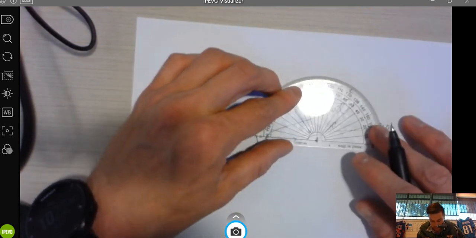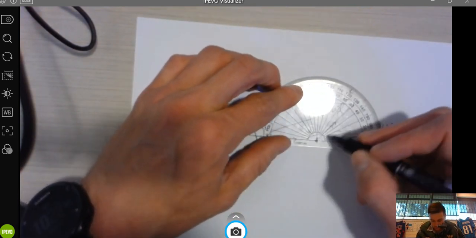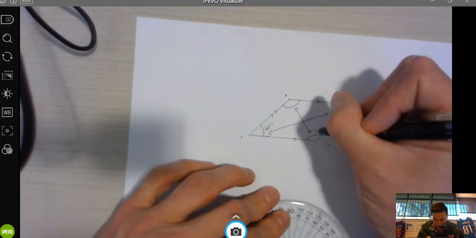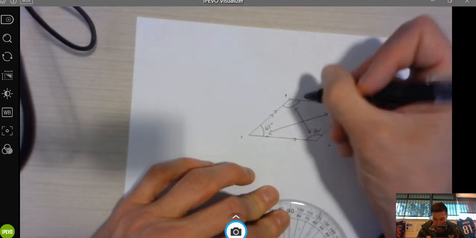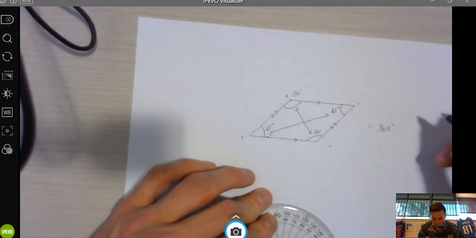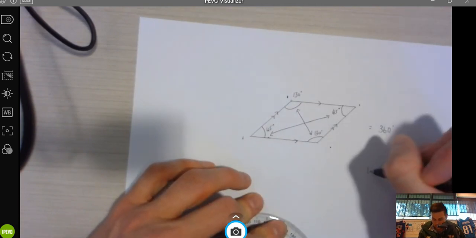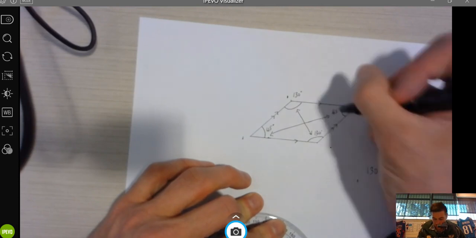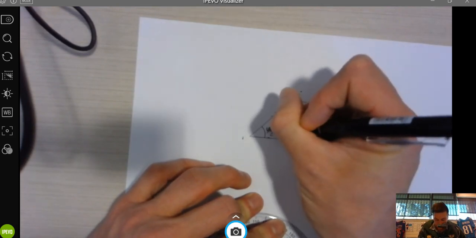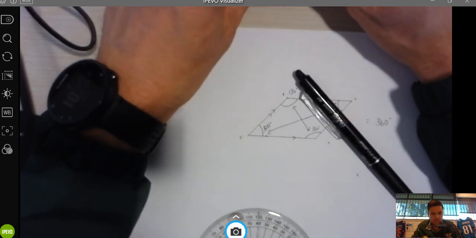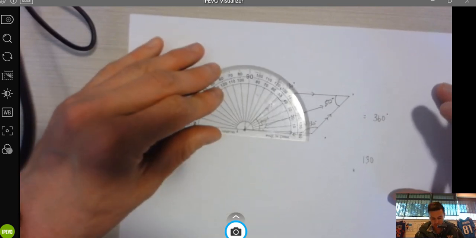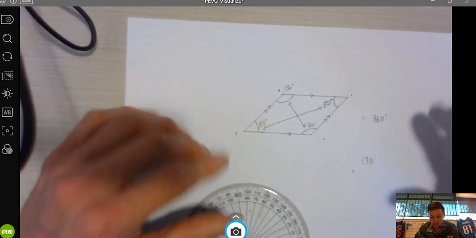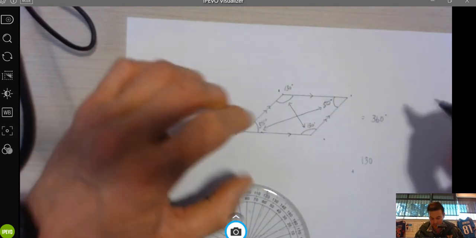Now if we measure this one here, it's an obtuse. Okay, that one's 130 degrees, so that means this one is 130 degrees. So if we add all this up together, 130 plus, this is 50. This angle correctly, okay, that was 50 degrees. I didn't measure it properly, I apologise, boys. So that's 50, that's 50.